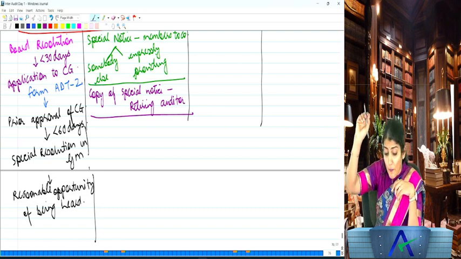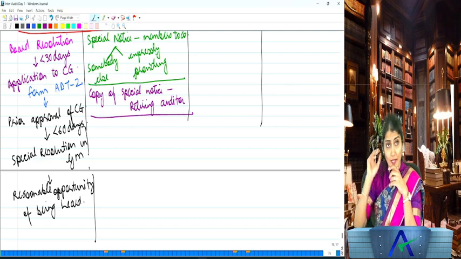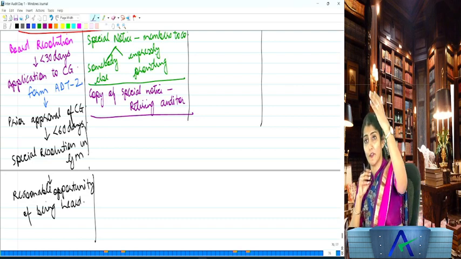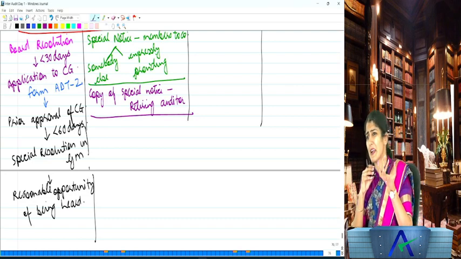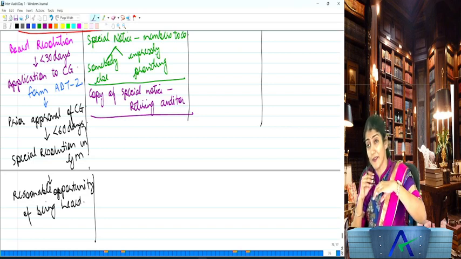Now company received the notice from the members. Company means company secretary. He received the notice from the members. What does the company secretary now need to do?